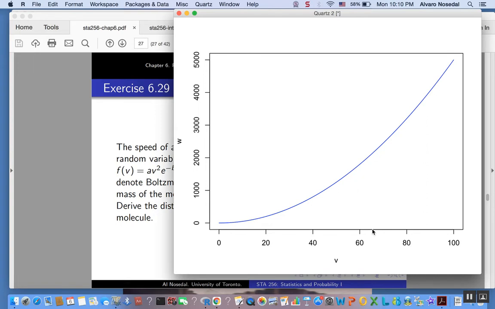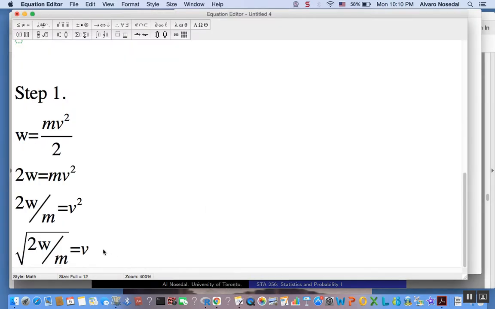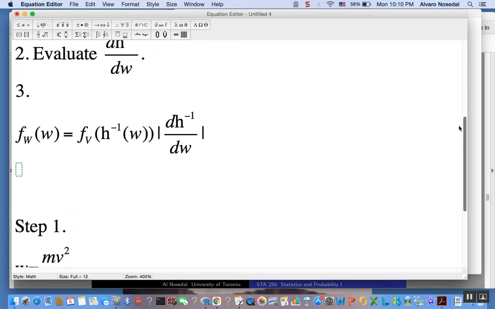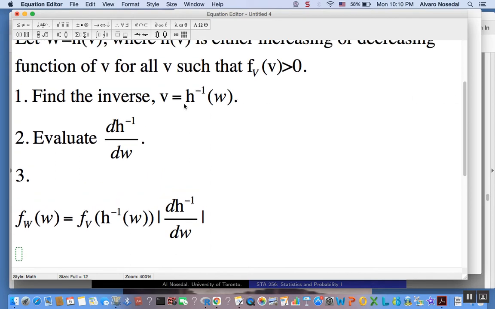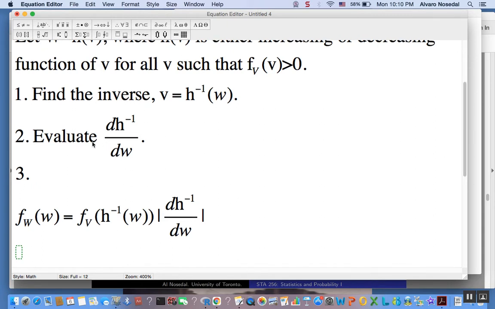Okay, so it's a one-to-one function. We were able to find the inverse transformation, right? This is H inverse, the one that we have here. Now step number 2, let's find the derivative.